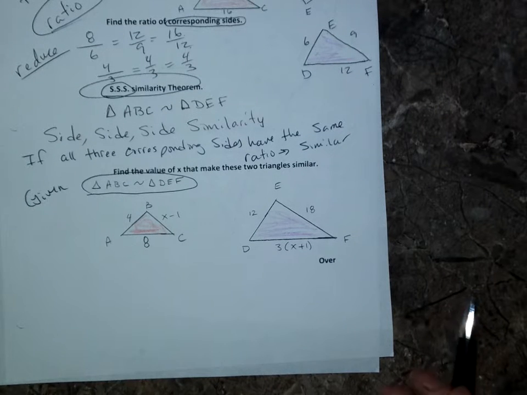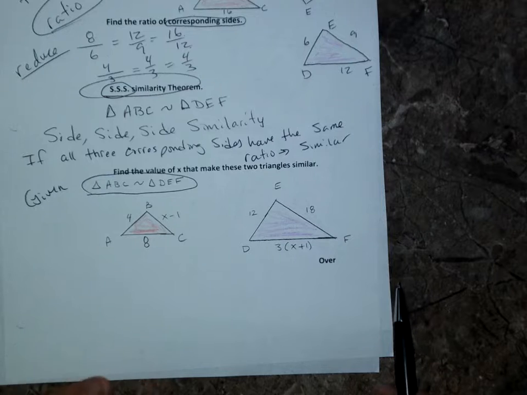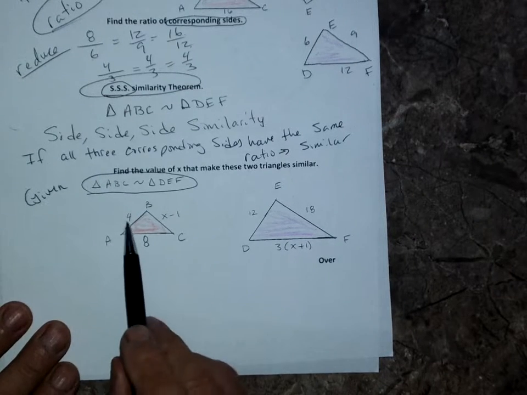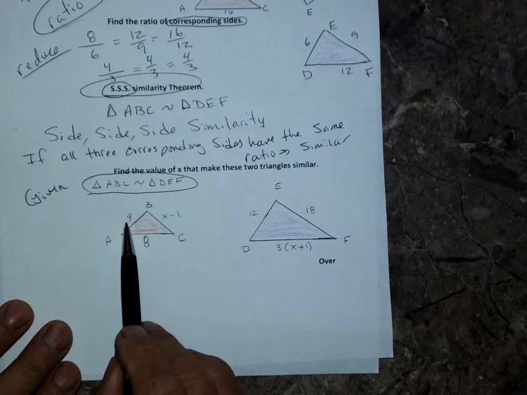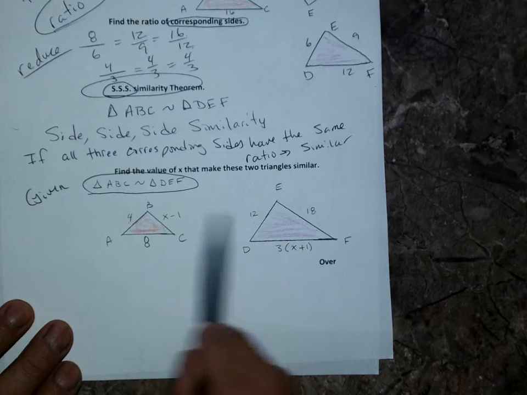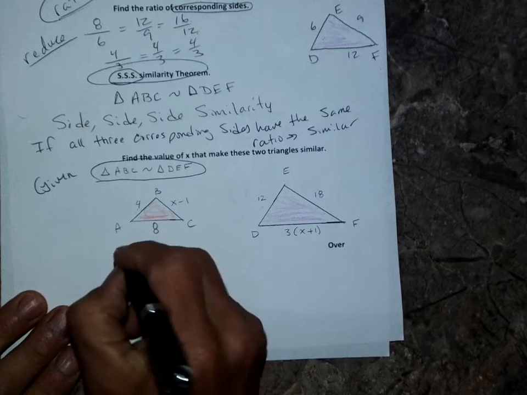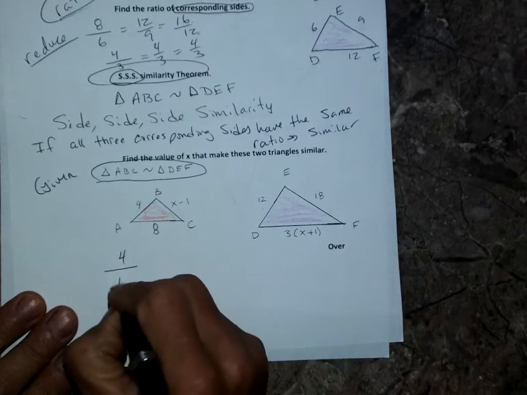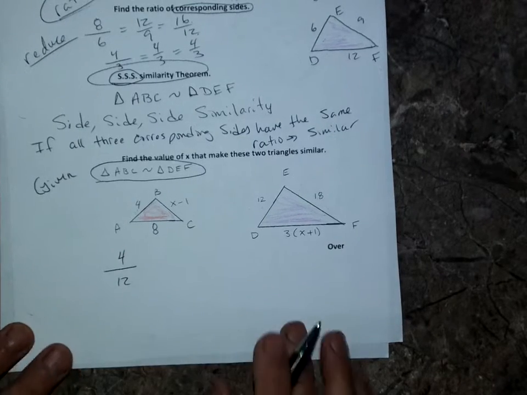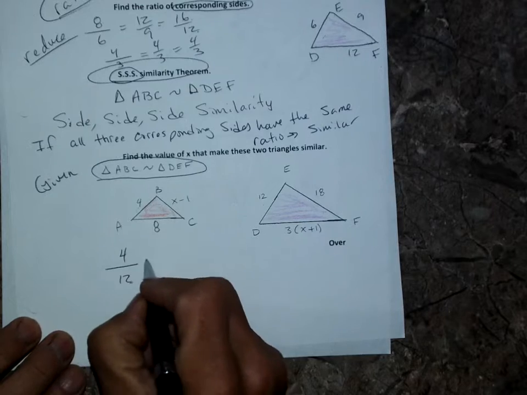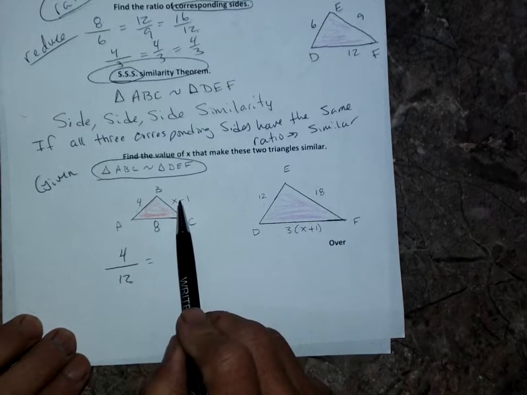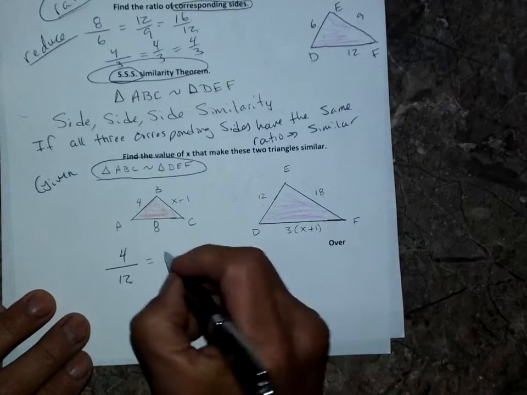If I want to find the value of x, first I'll set up the two sides I know. 4 goes to 12. See how these two sides correspond? I write that as a ratio: 4 goes to 12 as x minus 1 goes to 18.